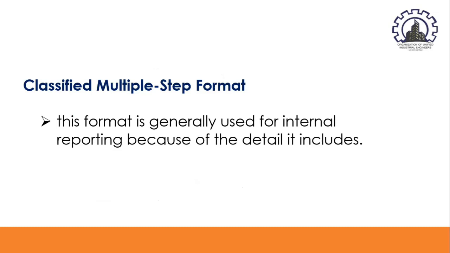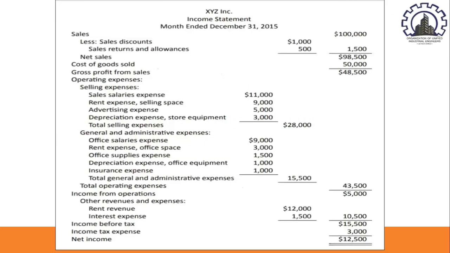This is an example of a classified multiple step format: the XYZ Incorporated income statement, month ended December 31st, 2015. Notice that the classified multiple step income statement shows expenses by both function and nature.